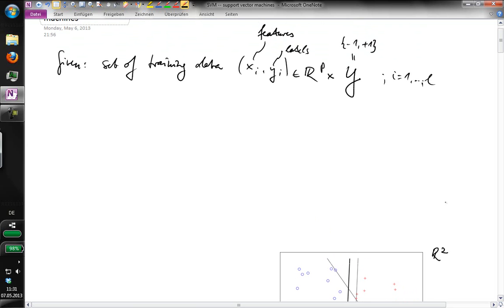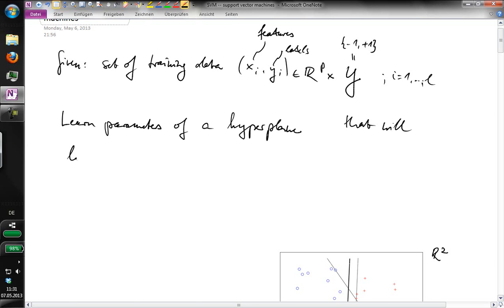And the aim of the support vector machine is to learn the parameters of a hyperplane that will have small generalization error.